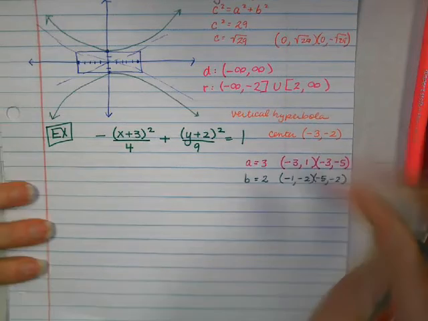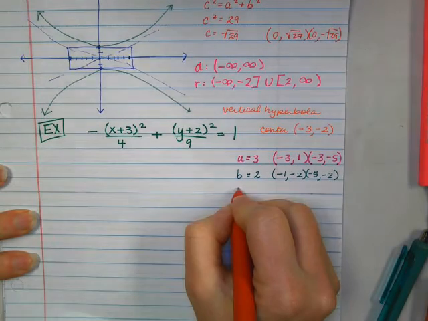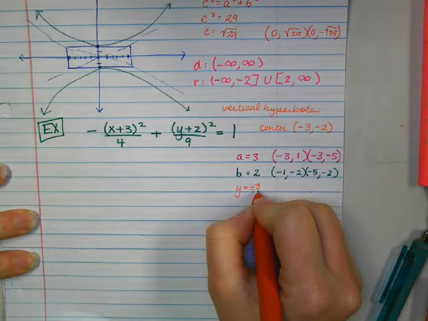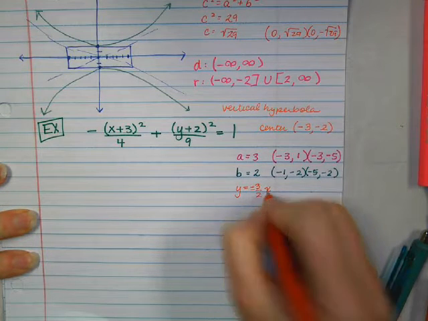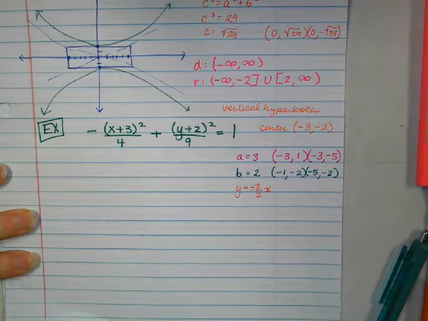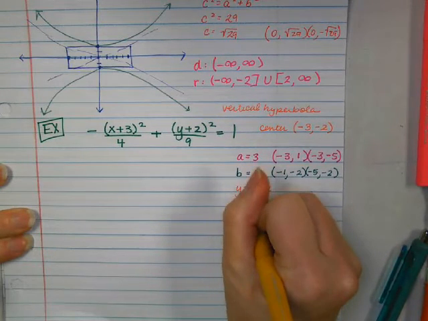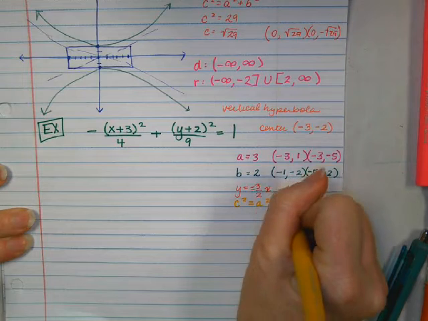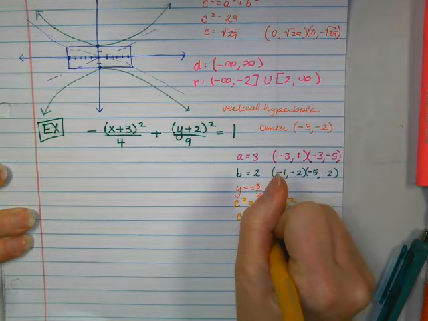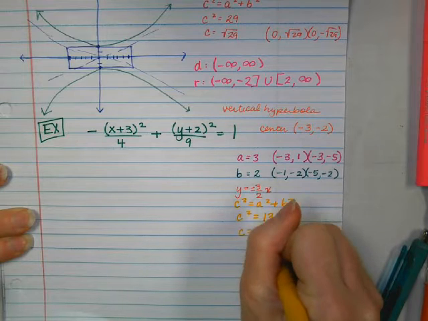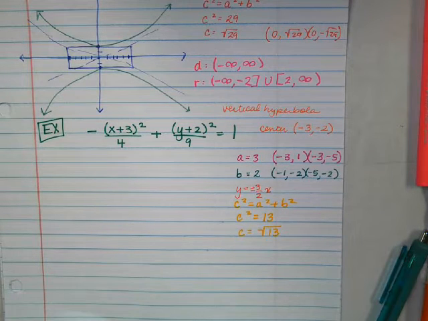All right, let's find our focal point. So, I guess we can do our asymptotes: positive and negative 3/2 x. Our focal point, so c squared equals a squared plus b squared. Okay, so when I go to find my focal points, I found my c value of square root 13.